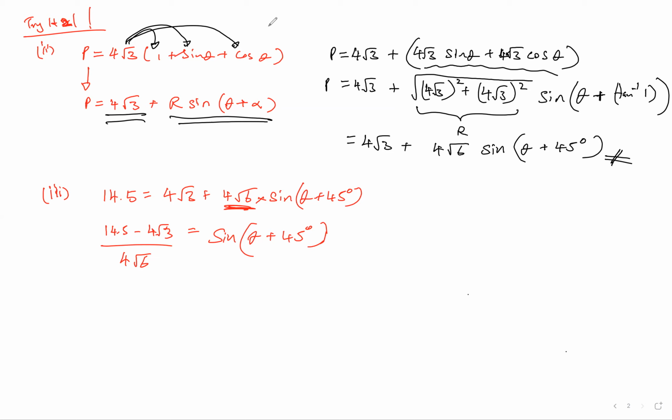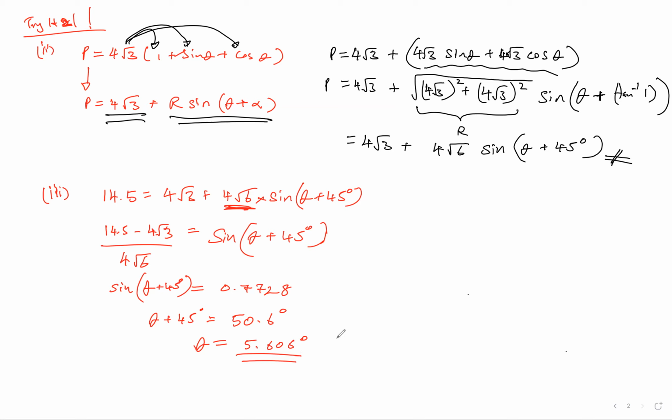So that is approximately what you should get: sine theta plus 45 degrees. When you do the inverse, you get 50.6 degrees. When you minus off 45, you get 5.606.